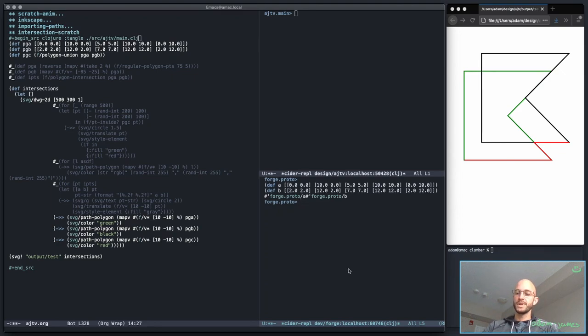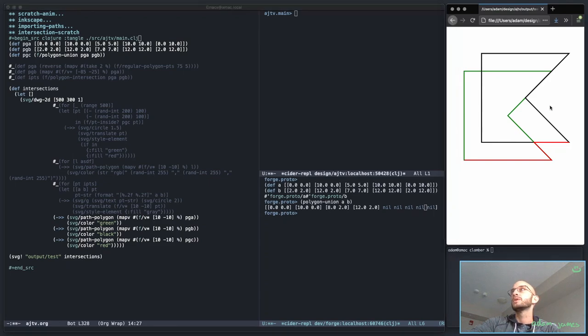Okay, so if I do polygon union of A and B, yeah, I have this issue here, and this makes sense. I have 4 points, which correspond to 0, 0, 10, 0, 8 and 2, and 12 and 2, and then the rest are nil. So there's obviously some issue with this here.